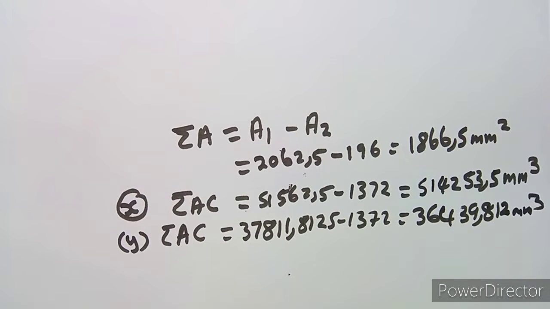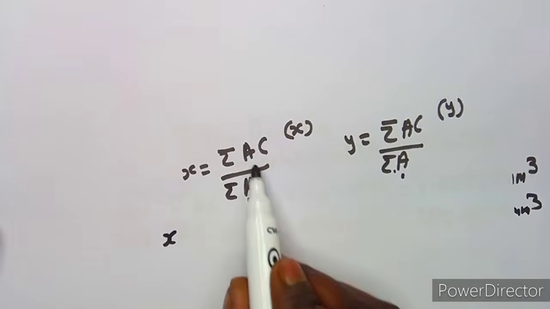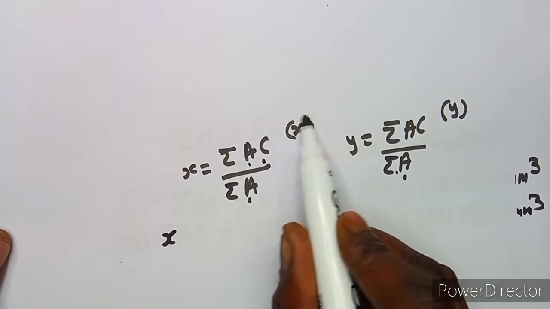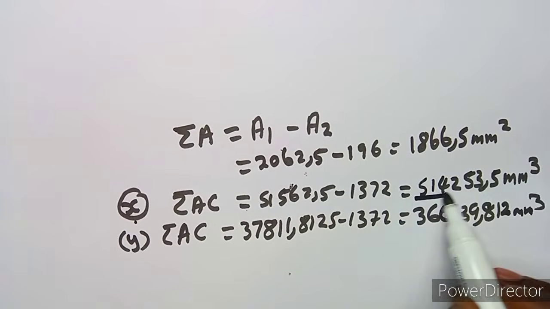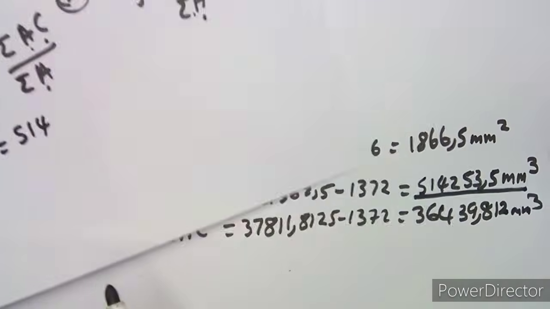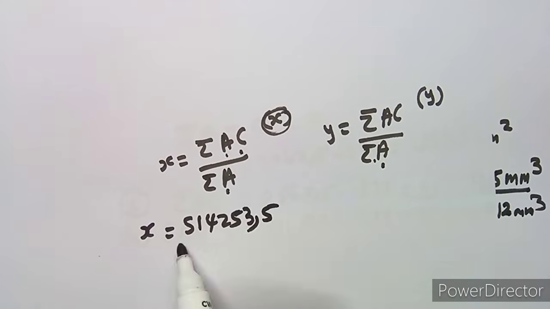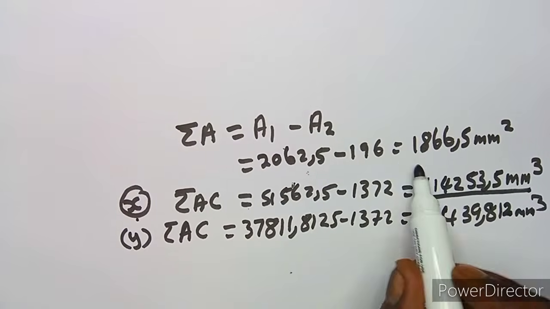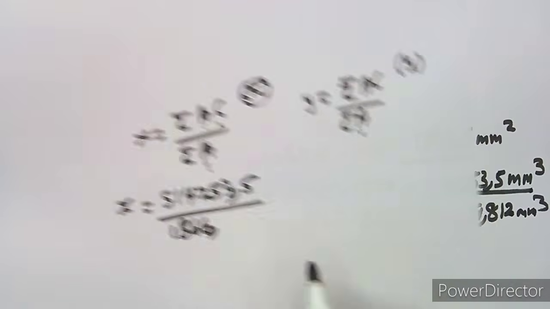Because remember, we said in order for us to have the value of x, we are going to calculate the sum of moments for those ones which are having the x values, which is this value here for x, which is going to be 514,253,5 divided by the area, and our area is this one for both, it's 1866,5.